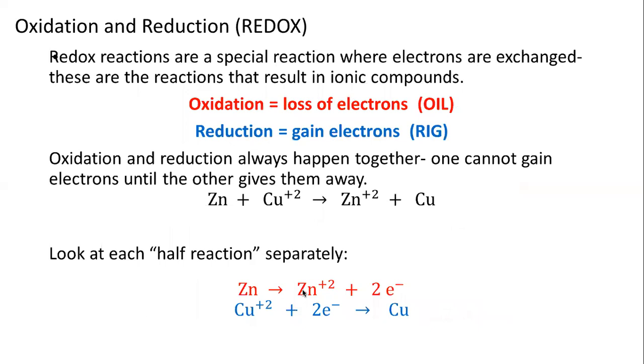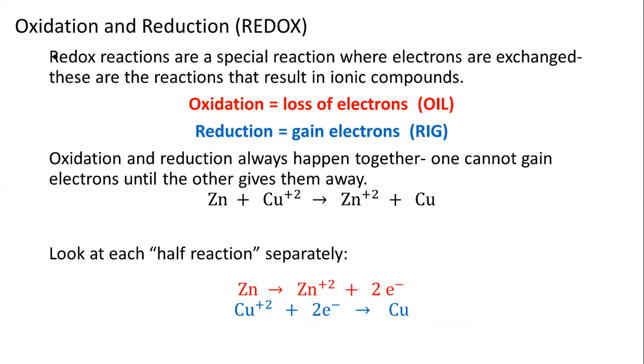So we're going to talk about some special reactions that happen particularly with metals. They're called oxidation and reduction reactions, or redox. Redox reactions are a special reaction where electrons are exchanged. These are the reactions that result in ionic compounds.